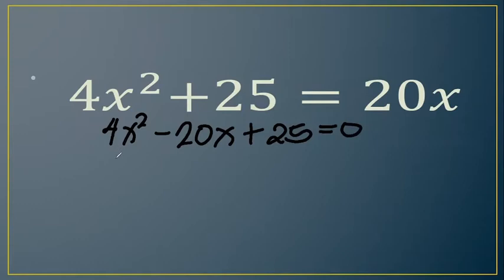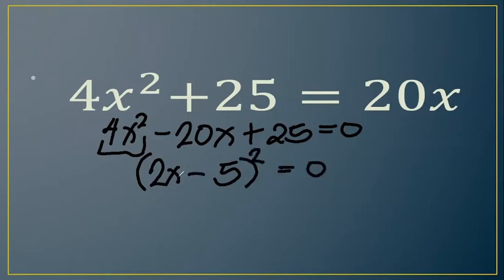This is a perfect square trinomial, which we can factor. The square root of 4x squared is 2x. The square root of 25 is 5. The sign of our middle term is negative, then squared equals 0. If your given is a perfect square trinomial, there will only be one solution.